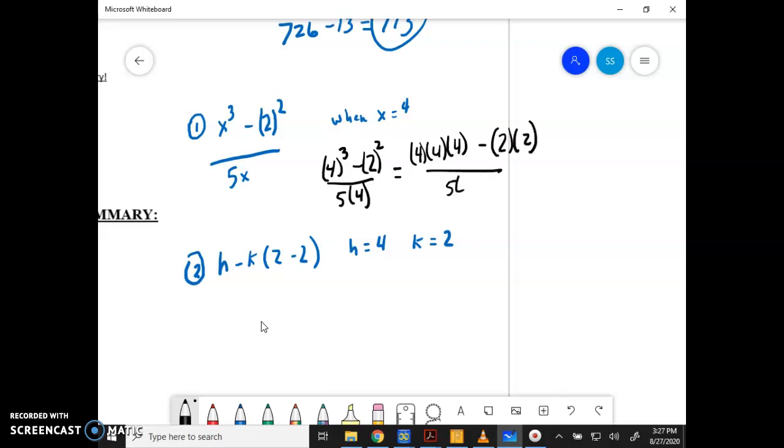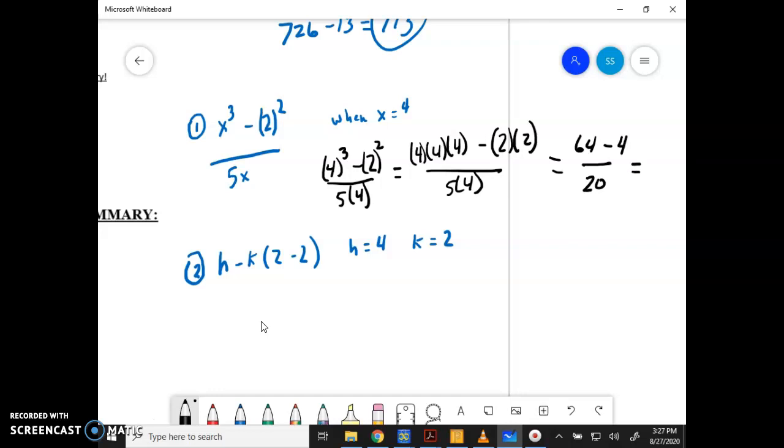And we might as well write the bottom out. All right, so now that we've done that, we can go ahead and solve here. 4 times 4 times 4 is 4 times 4 is 16. 16 times 4 is 64 minus 2 times 2, 4 over 5 times 4, 20.